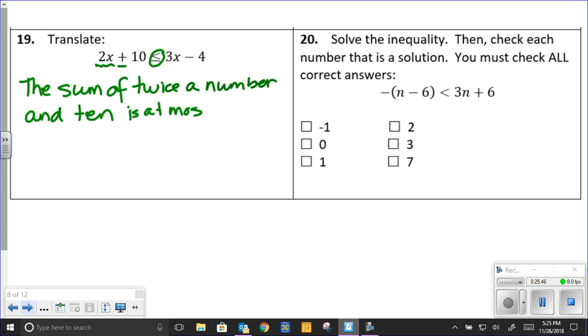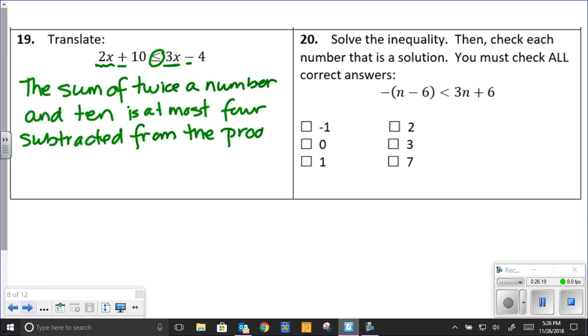I could say the difference of 3x and 4, or I could say at most 4 subtracted from the product of three and a number.